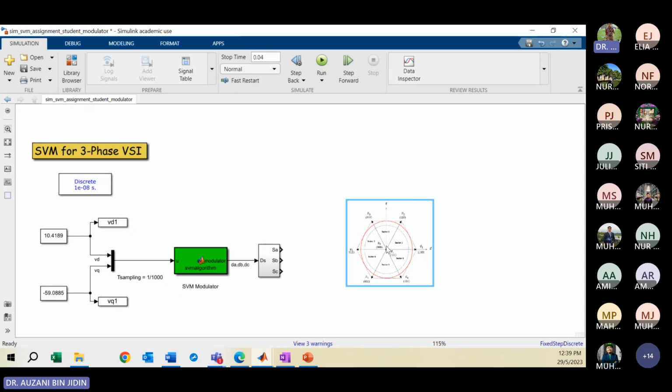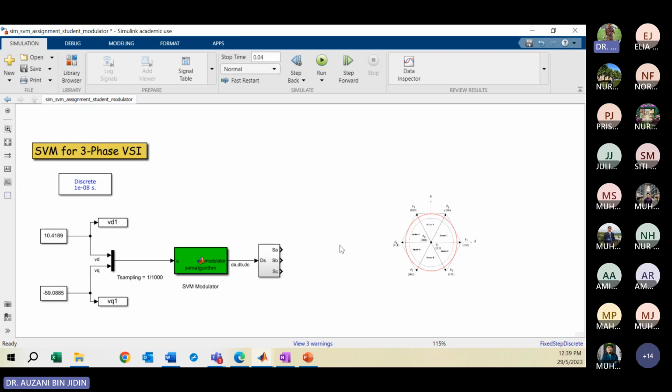Alhamdulillah. Okay, we try to compare the simulation result with the calculation that we discussed last week. In this case, you can use the scope. I take the scope. The scope has 3 inputs, so you can set it from here. You double click the scope.